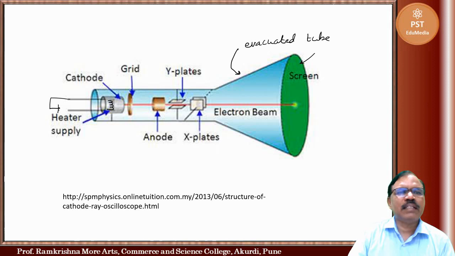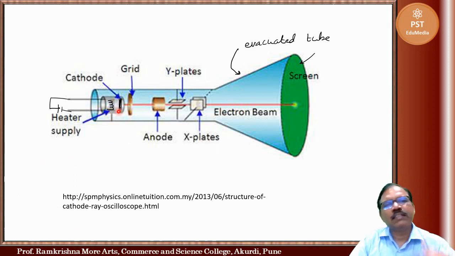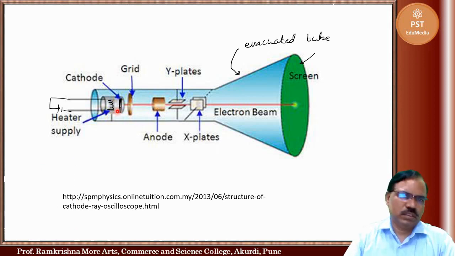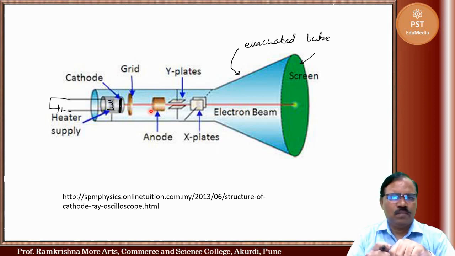That filament is heated by using a low tension battery. Here there is a cathode plate. When the filament is heated, this cathode plate is heated and it emits electrons, and those electrons remain near the cathode plate. Now here we have the anode. The anode is in the form of a cylindrical shape and it has a hole.